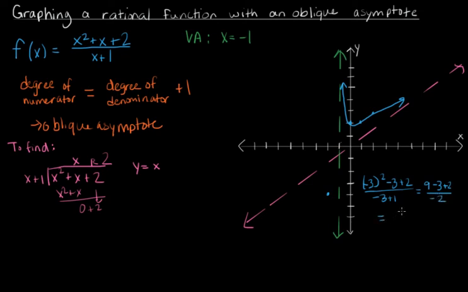And that is 6 plus 2 is 8. Is that right? Yeah, 6 plus 2 is 8 over -2 is -4. So that should be over here. And it looks like the same kind of thing is happening here where we're going to curve around like this. But let's go ahead and plug in -4 also.